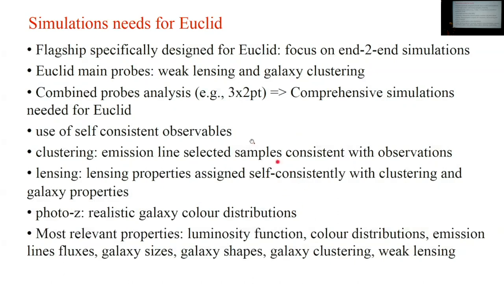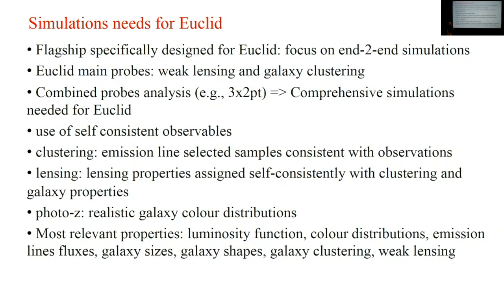The clustering is going to be done with slitless spectroscopy, so the selection is done with emission lines. For the weak lensing samples, there are going to be photometric redshifts to do the tomographic analysis of weak lensing.